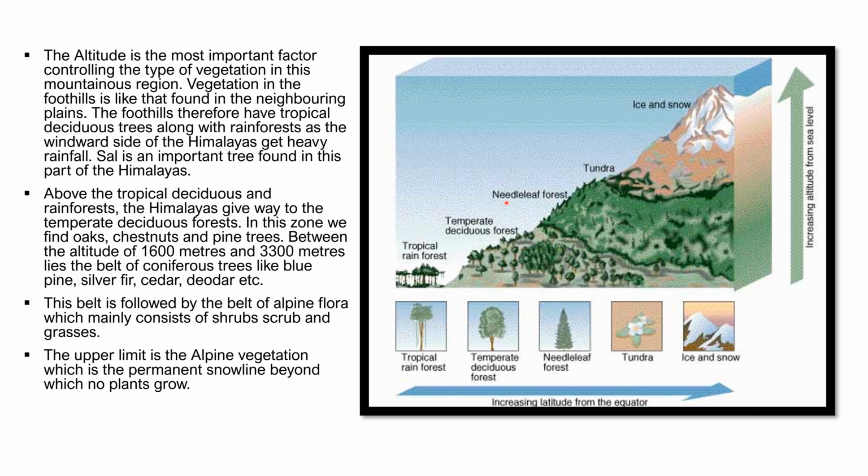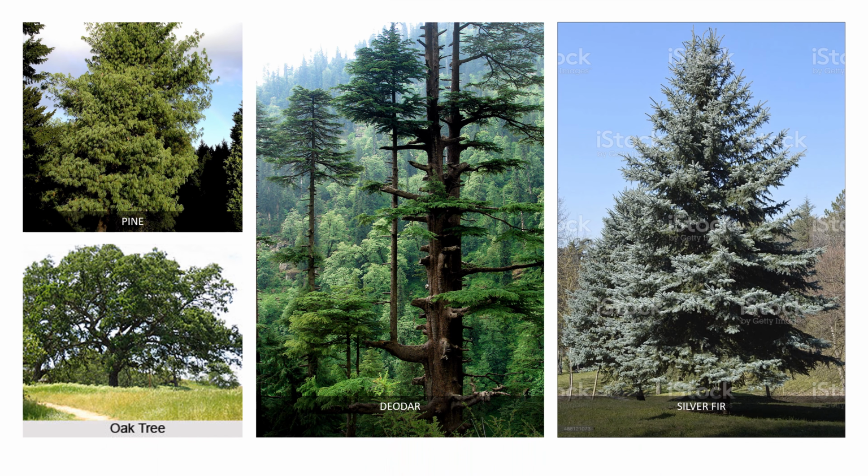So depending upon rainfall and temperature, the vegetation keeps on varying from the foothills to the higher reaches of the Himalayas. These are the trees grown in the coniferous belt, which includes the pine, the deodar, and the silver fir. The oak tree is found in the lower levels along with the chestnut and the chir.